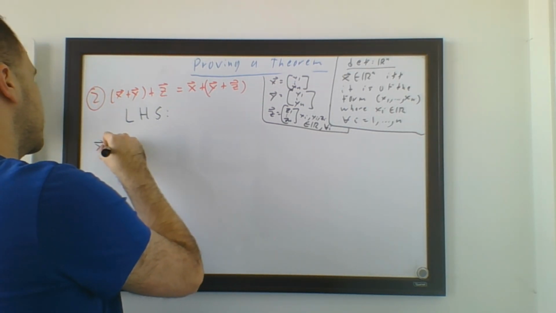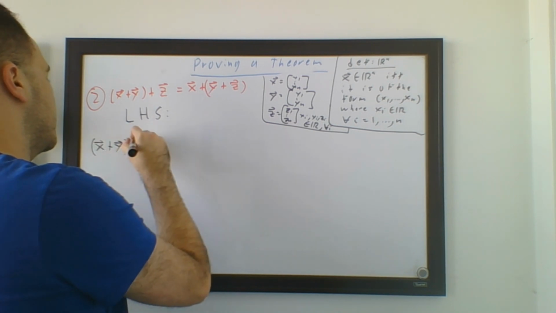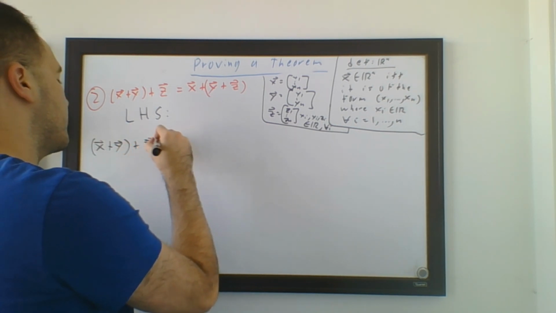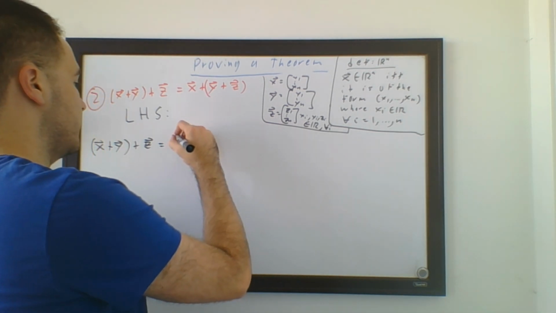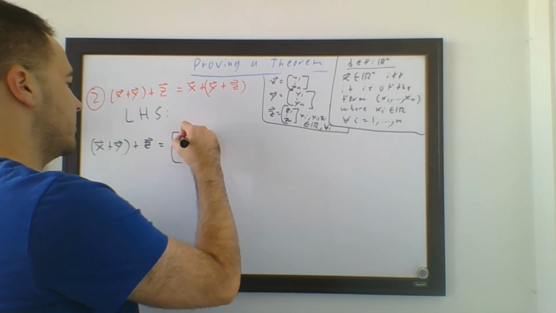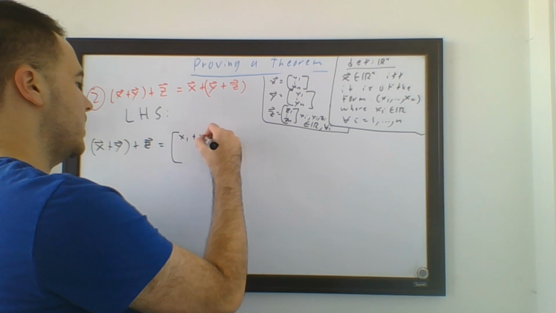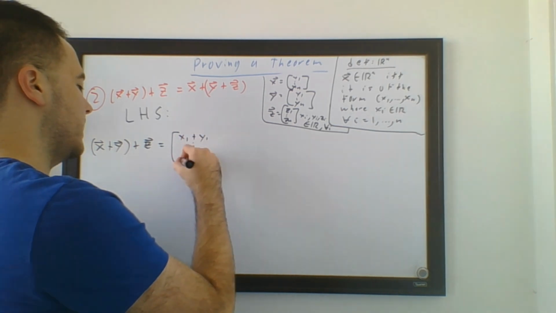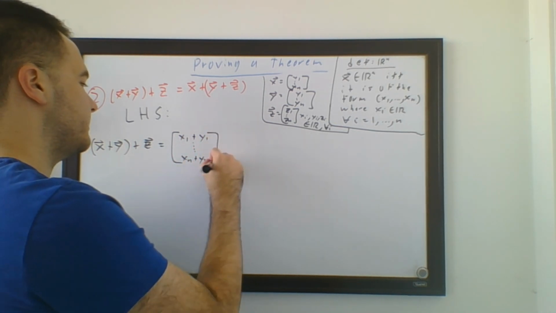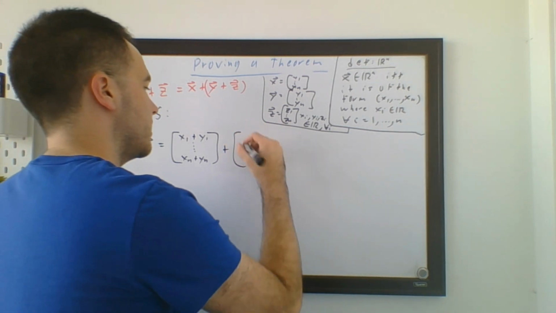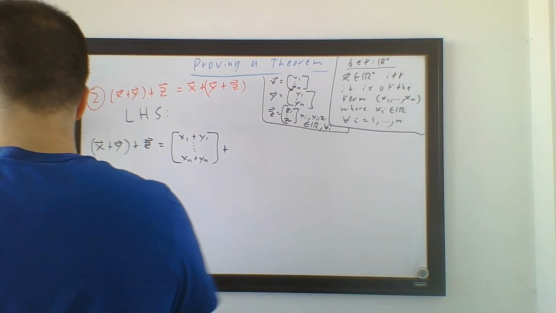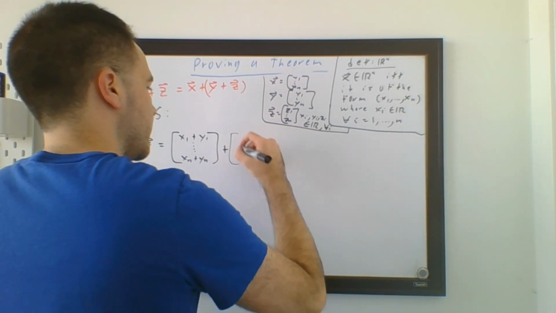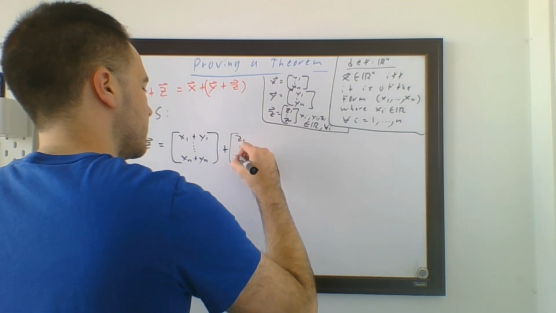So x plus y plus z is equal to, using vector addition, the definition we were given, adding x and y together is x1 plus y1 all the way down to xn plus yn, plus our vector z over here, which is going to be z1 to zn.